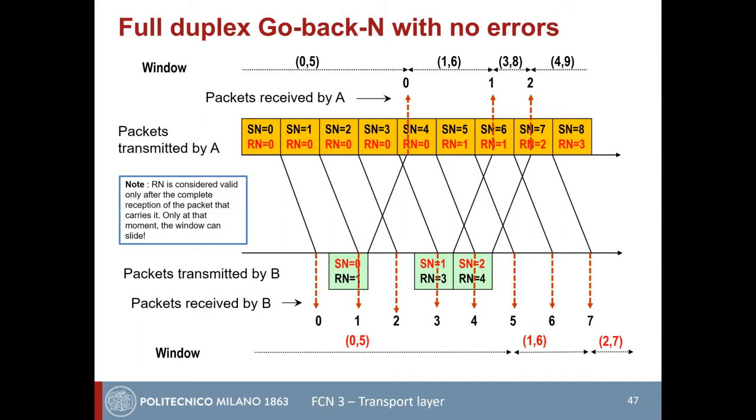And in fact, you see that A goes on sending 1, 2, 3, 4. And meanwhile, Rn is always 0 because A is waiting for packet number 0 from B.